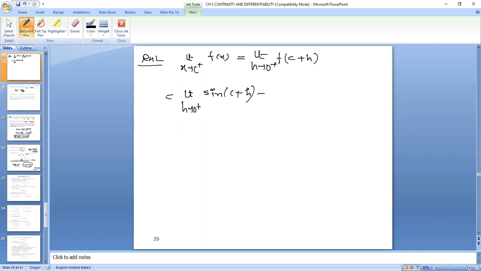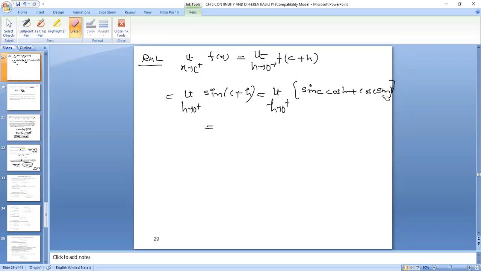Again, before applying the limit, we will apply the formula. So it will be sine C cos h plus cos C sine h. Again, we will apply the limit.